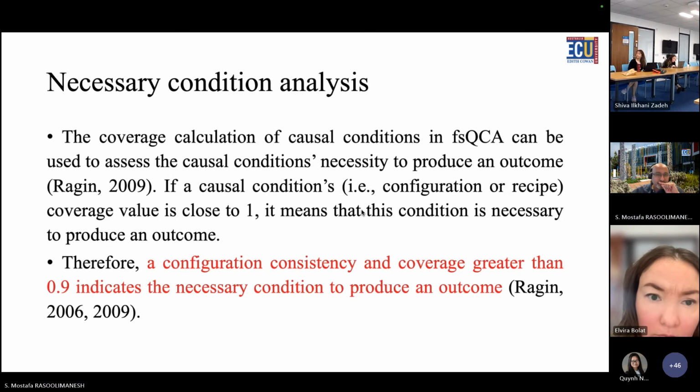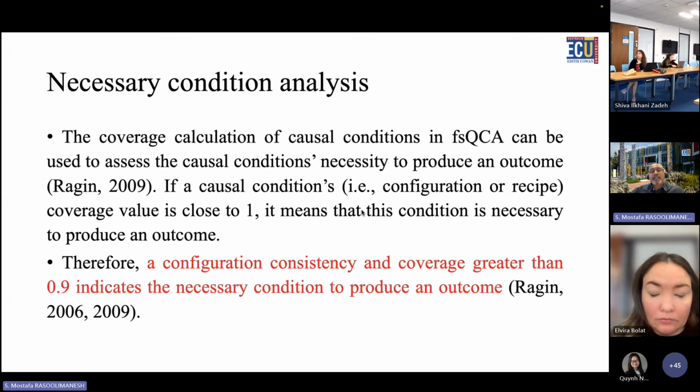But necessity analysis in FSQCA can only identify the possibility of a factor being necessary or not.